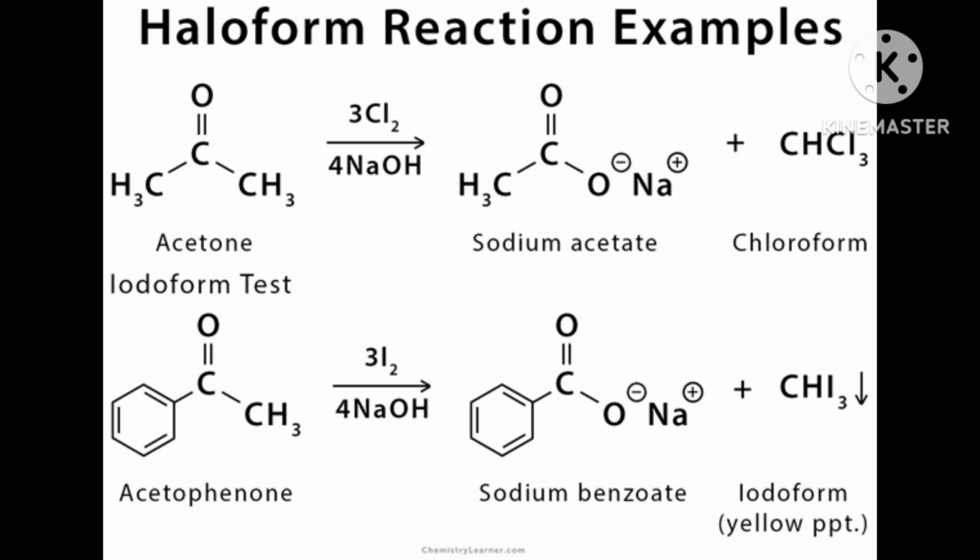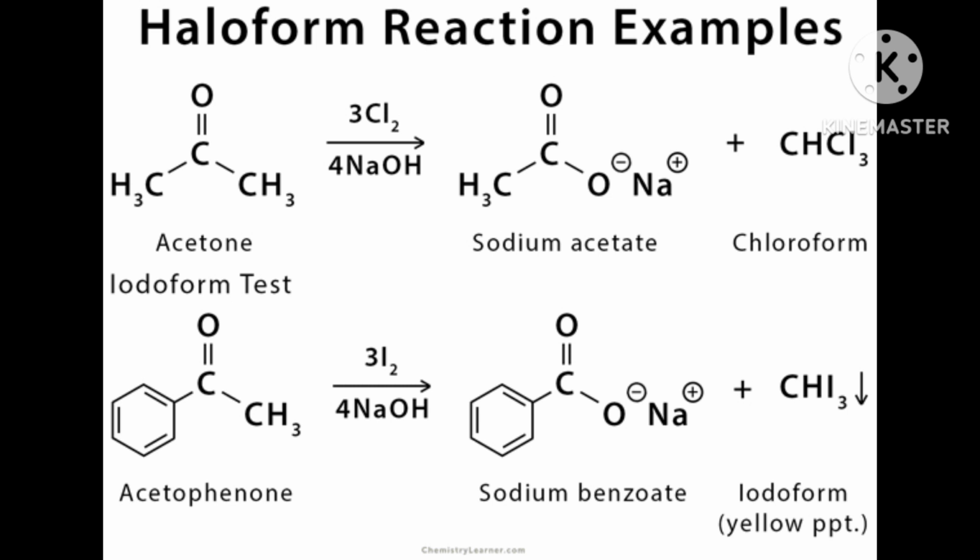Just like that, in the place of Cl, if I3 is there, CHI3 is called iodoform. When iodoform is forming in the place of chloroform, that is called the iodoform reaction.